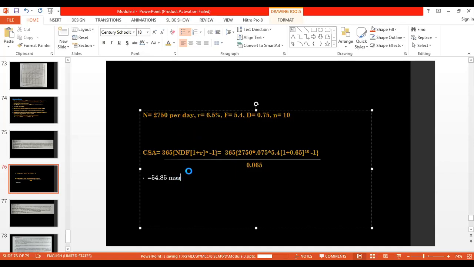Direct substitution, all the data have been given. Everyone got this problem? Direct substitution.